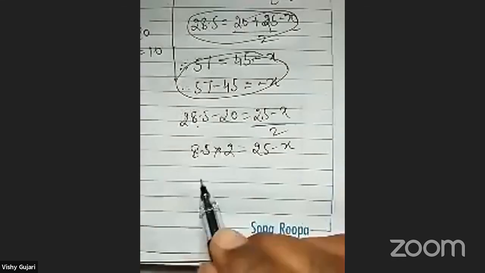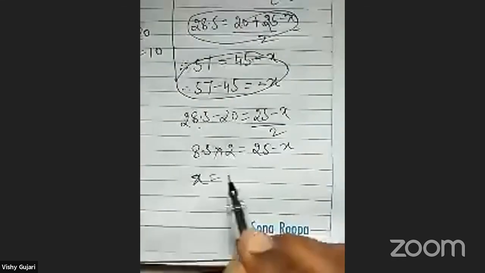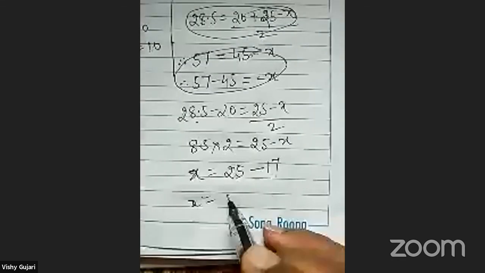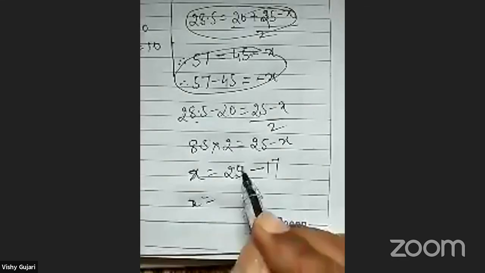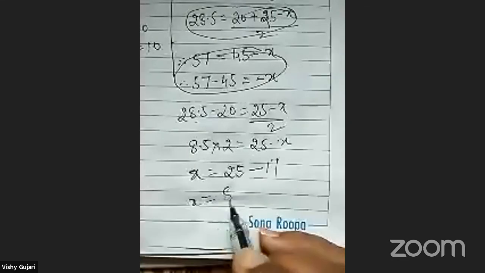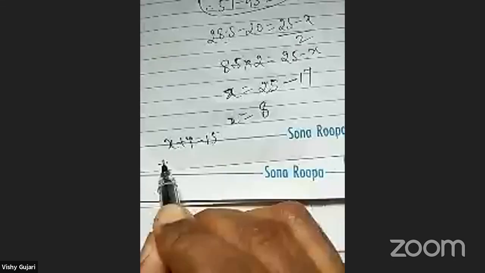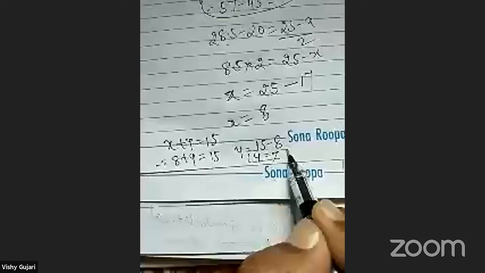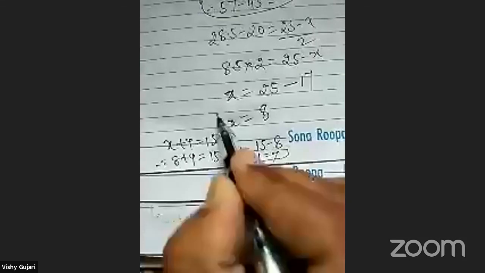Bring it to LHS, plus x equal to 25 minus 17. x is equal to 25 minus 17. Is it 9? 8, sir. Okay. This value you put in equation 1. x plus y is equal to 15. Therefore, 8 plus y is equal to 15. y is equal to 15 minus 8. y is equal to 7.